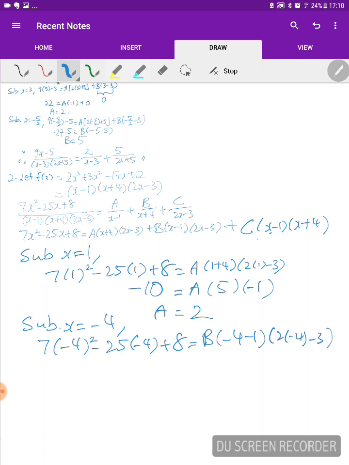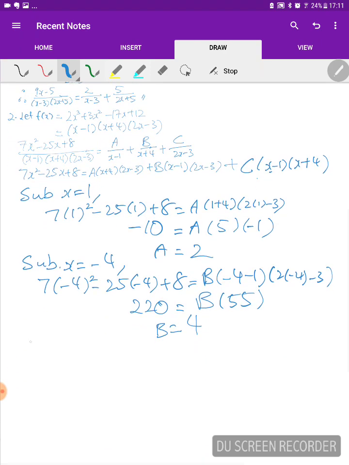Okay, so negative 5 times negative 11, wait a minute, hold on. Yeah, so this is 55. So my B equals 4.